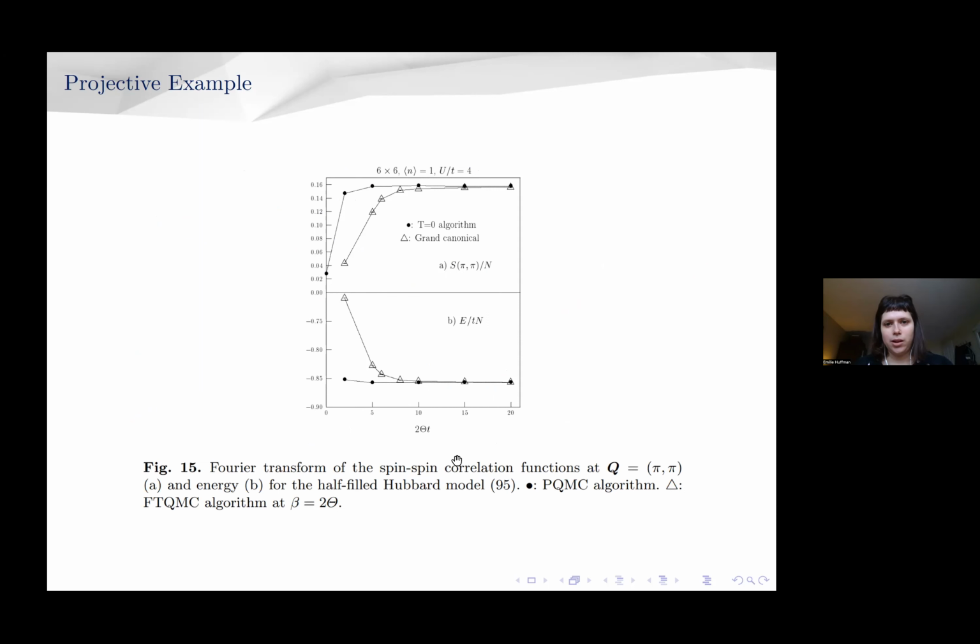You can see as a function of theta or beta, depending, the white triangles show the finite temperature version, whereas the black circles show the projective. You can reach the lowest energy faster with the projective because we're getting rid of some of the excited states. So it's nice if you want to get the zero temperature calculation.